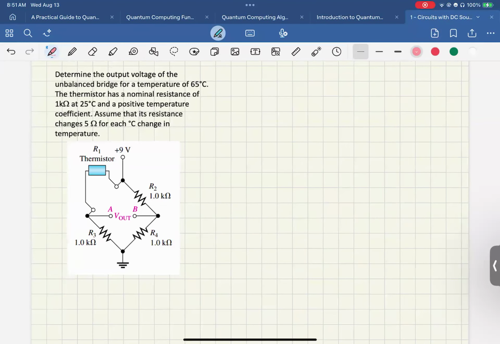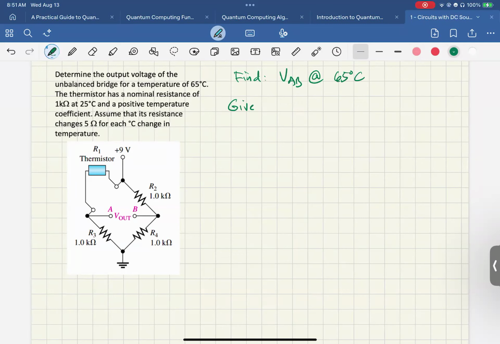First of all, what we are asked to find is VAB at a temperature of 65 degrees Celsius.